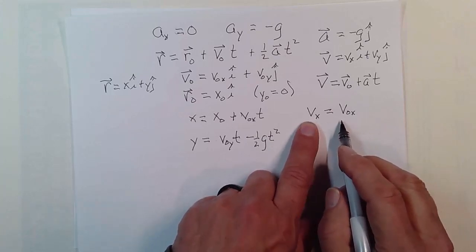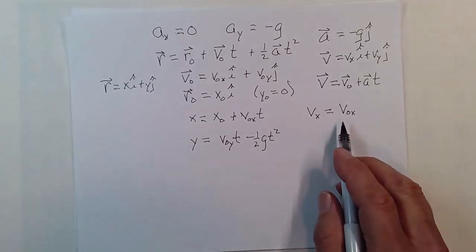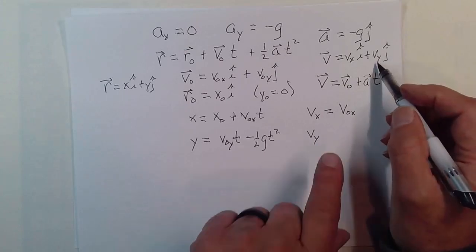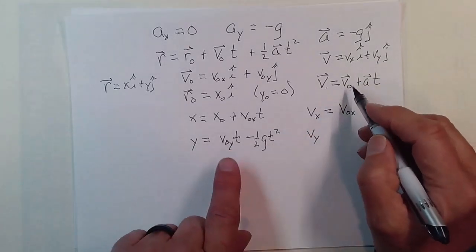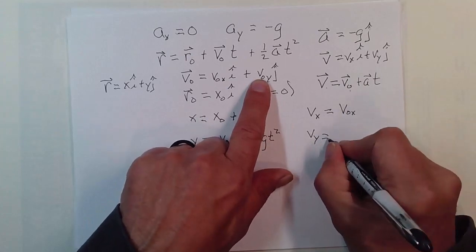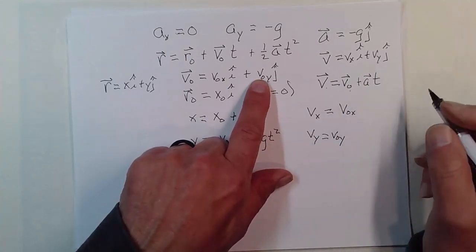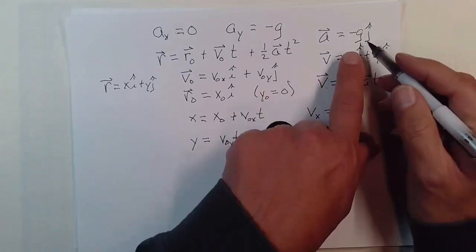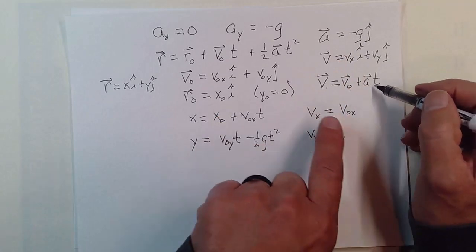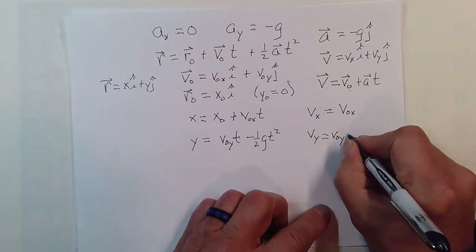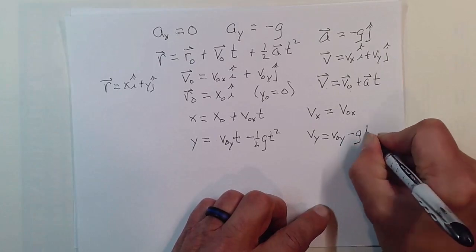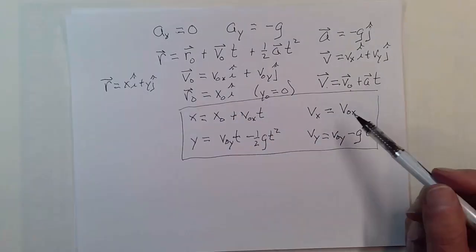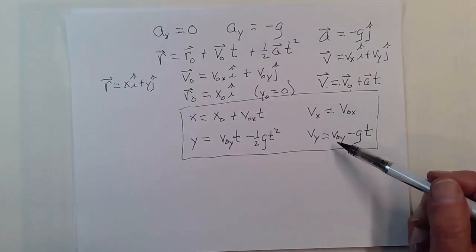It's constant. Whatever it is at the start, it stays that. But what about for y? I would get v sub y, that's the left side of the equation, will equal v naught y plus a t, the j hat part of that, which actually gives me minus g t. And it turns out these are the equations of motion for projectile motion.